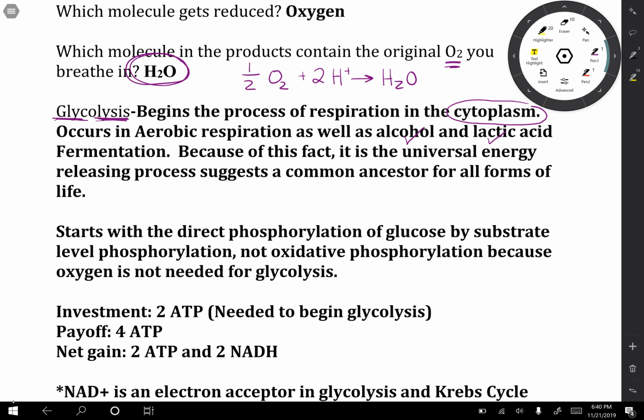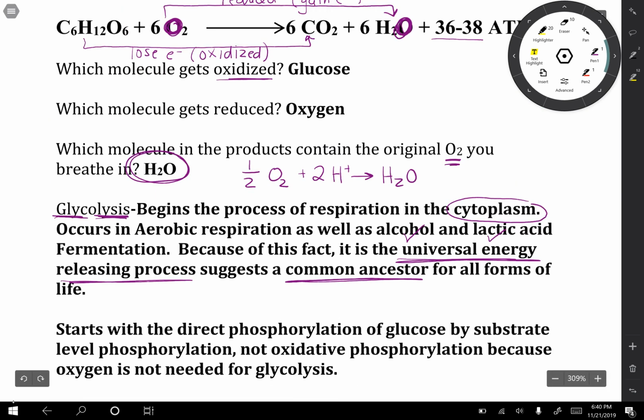But because all cells can do this, it is basically stated that glycolysis is the universal energy releasing process, which suggests a common ancestor, which means that this has been going on in all living things since basically the beginning of living things. So this has been going on for billions of years.